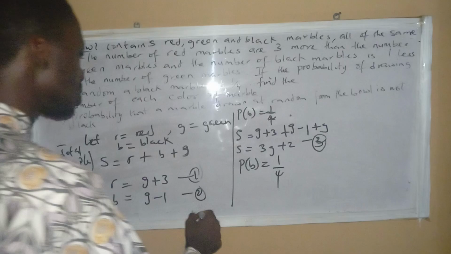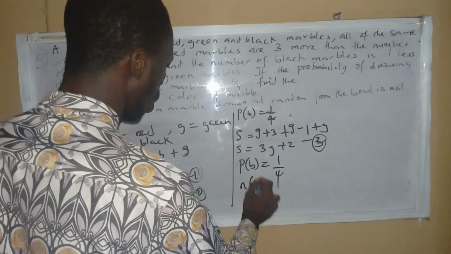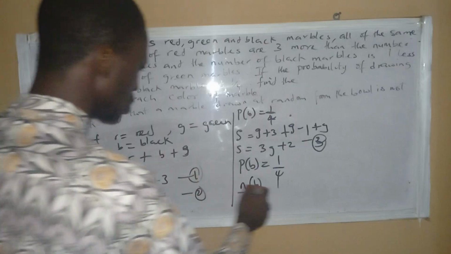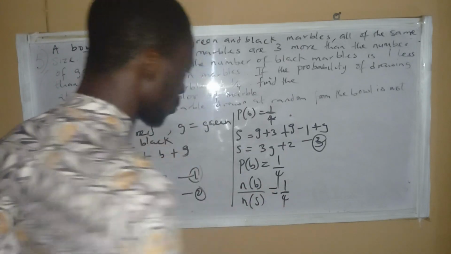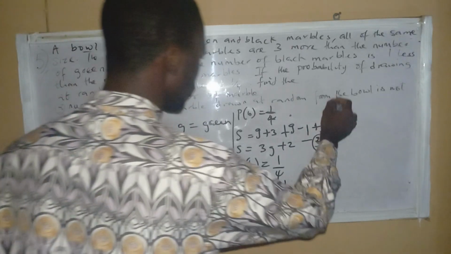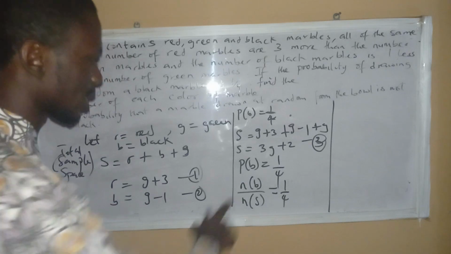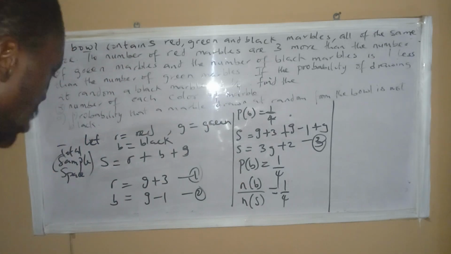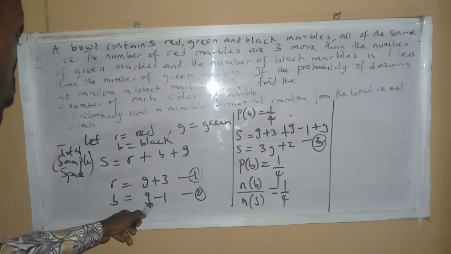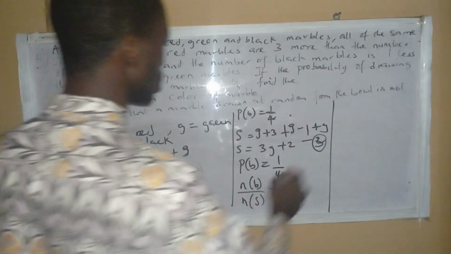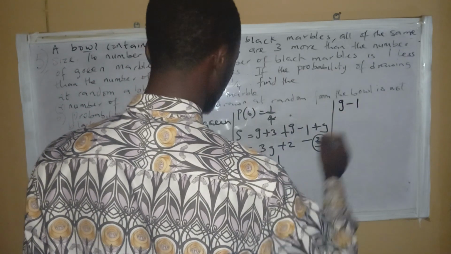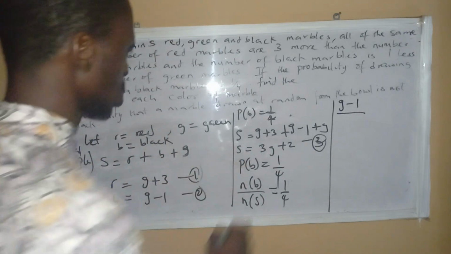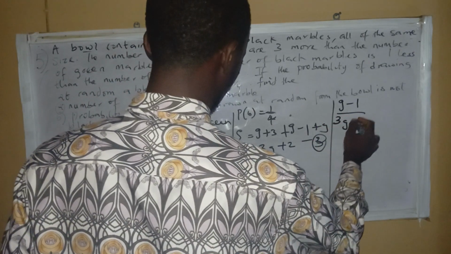Probability means the number of black over the number of the sample space, which is equal to 1/4. The number of black is G minus 1, and the total sample space is 3G plus 2.